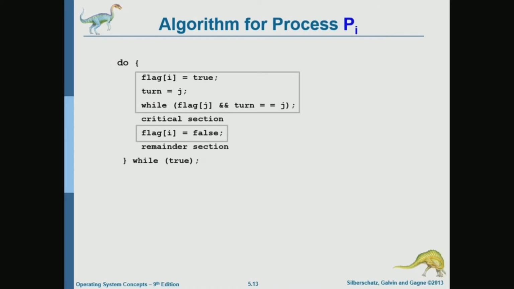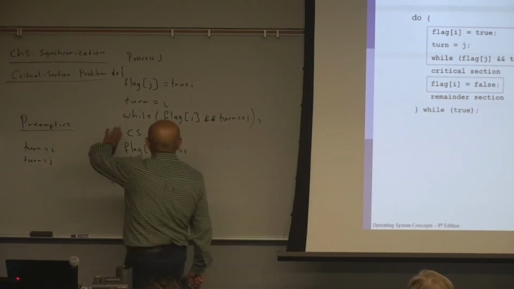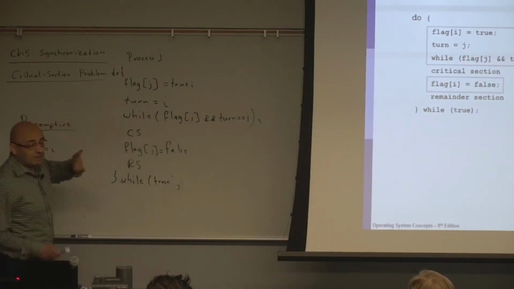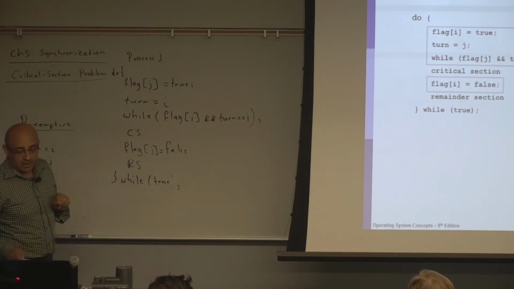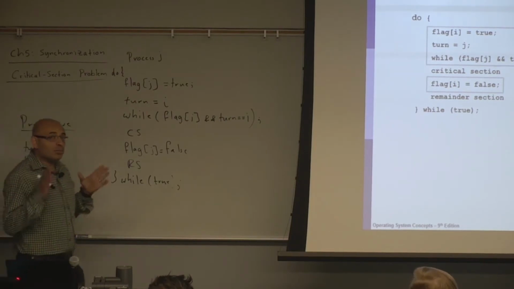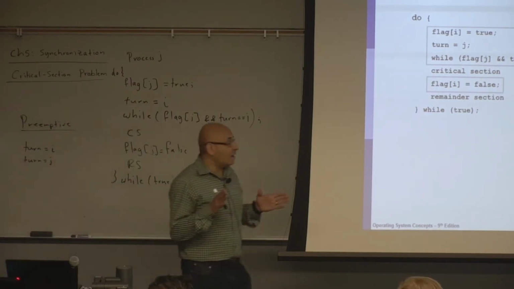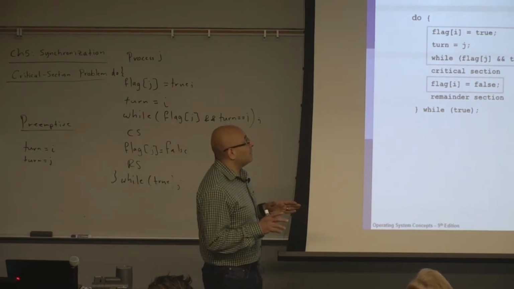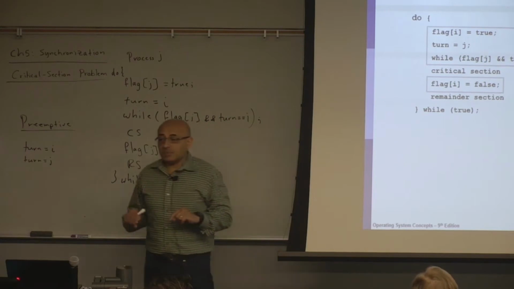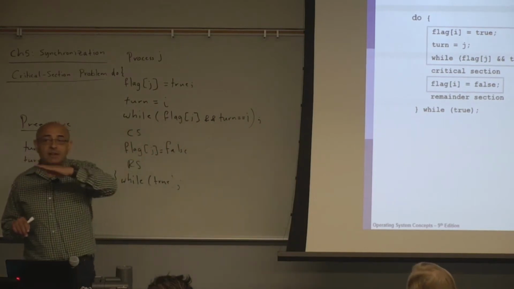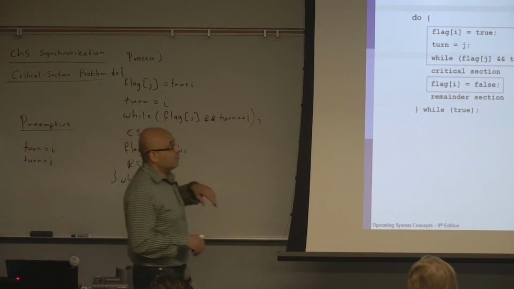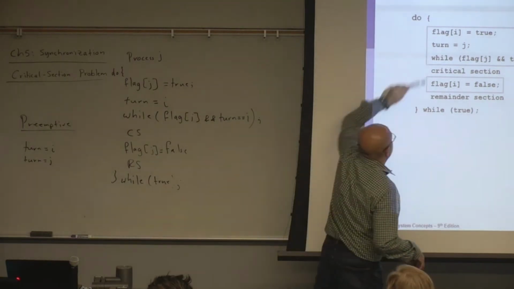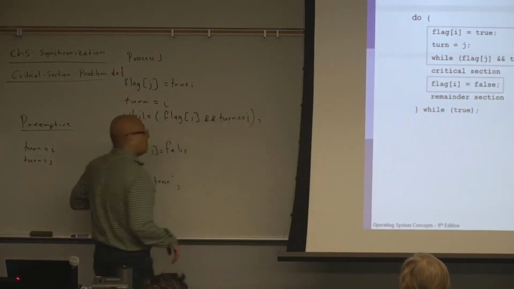Okay, so here's the code on the I side, and here's the code on the J side. Now we have to get used to parallel programming, where two processes are executing the same code in parallel, but they may be executing different lines in this code. So one process may be here, the other process is here.